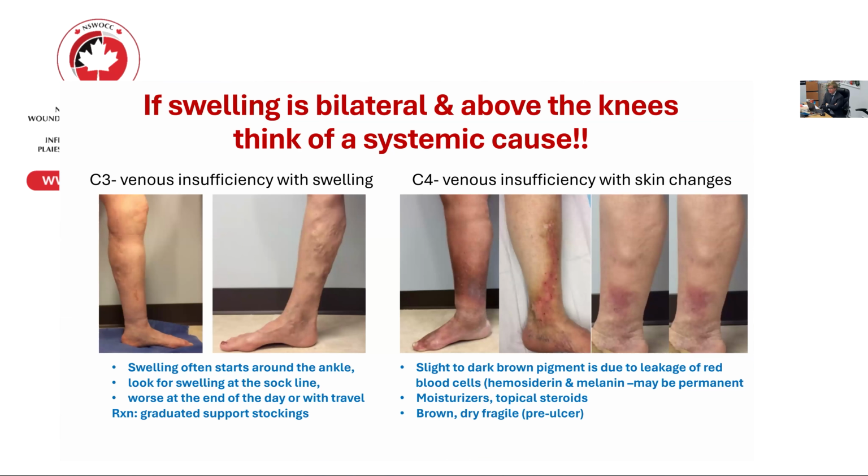You see venous insufficiency with swelling, and you see venous insufficiency with the skin changes. You see the pigment, you see the red or the rubor from dilated vessels, and this is where moisturizers and topical steroids may help. Next one.